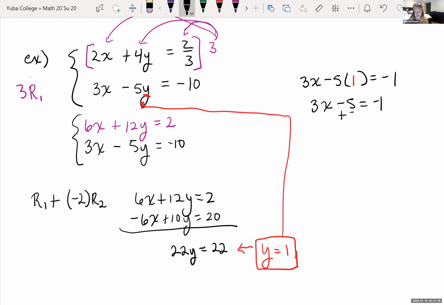Add 5 to both sides. Oops. This should have been negative 10 right here. Didn't copy it down right. So adding 5, we get 3x equals negative 5.